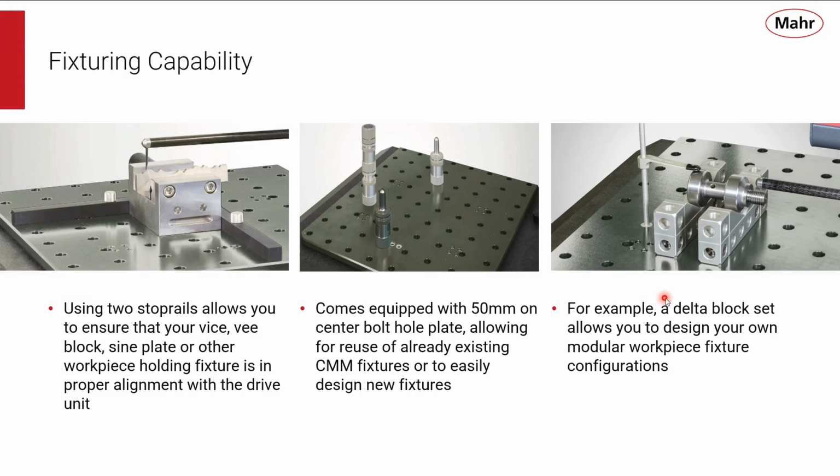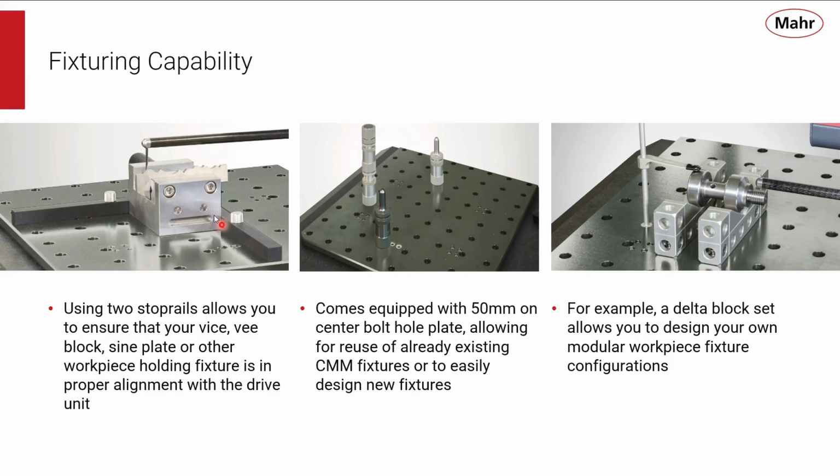So as an example, you can get an optional Delta block set, which allows you to design your own modular workpieces and fixture configurations. Once you have this fixture set, you can disassemble it and make it into other styles of configurations depending on your workpiece.